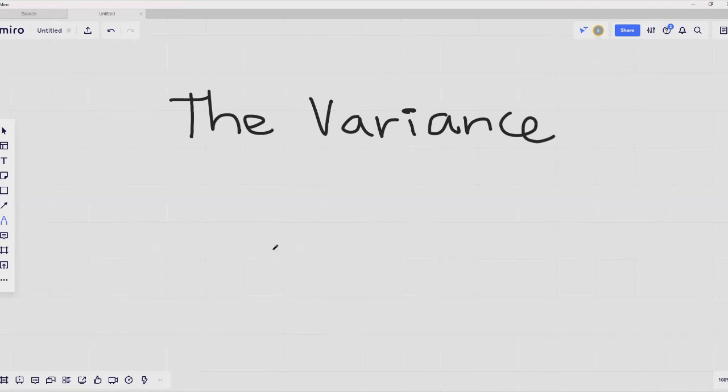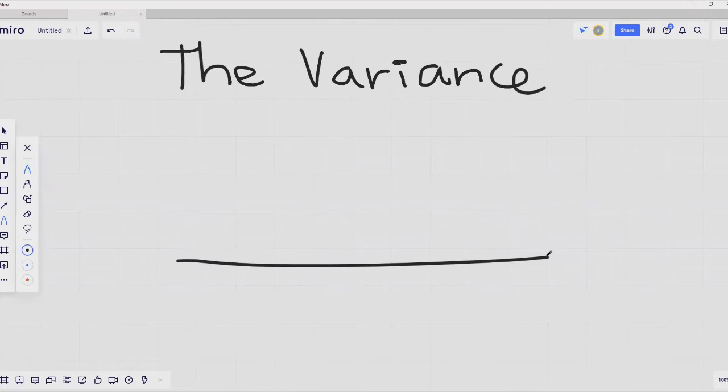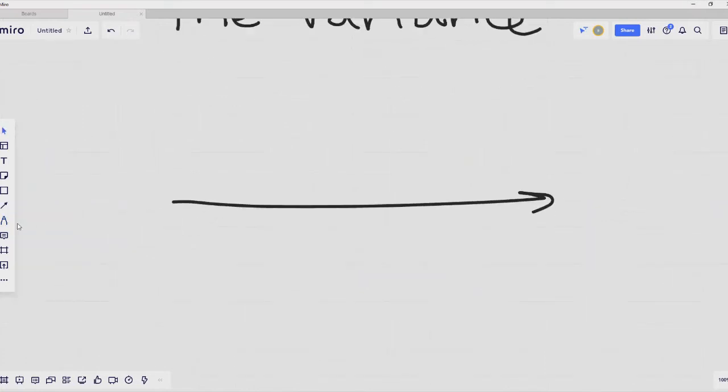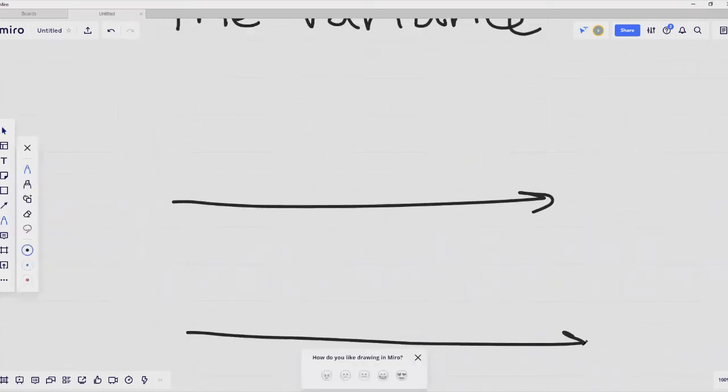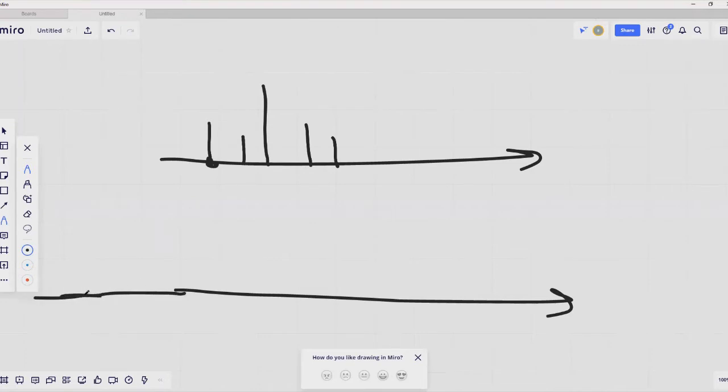Let's take a look at the following two distributions. So let's say we have the first random variable here and the second random variable over there. The PMF of the first random variable is given as follows, and the PMF of the second random variable is given over there.